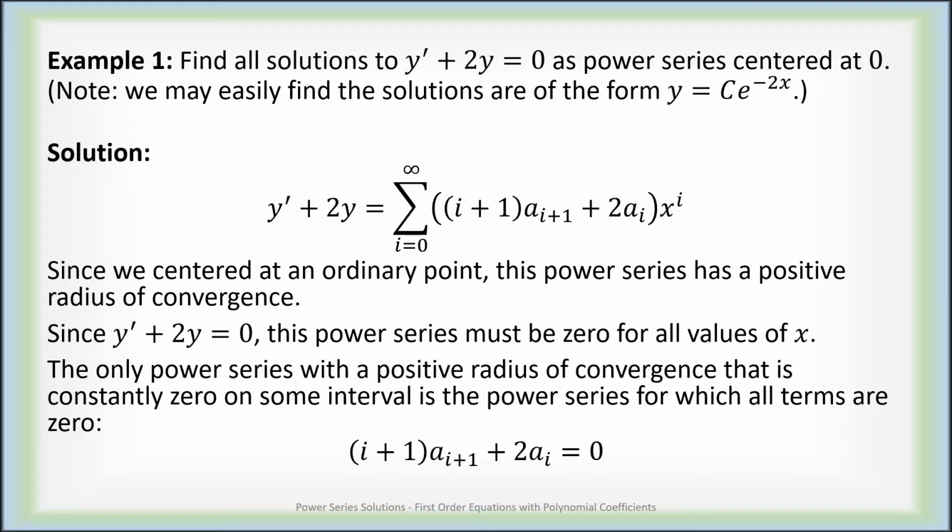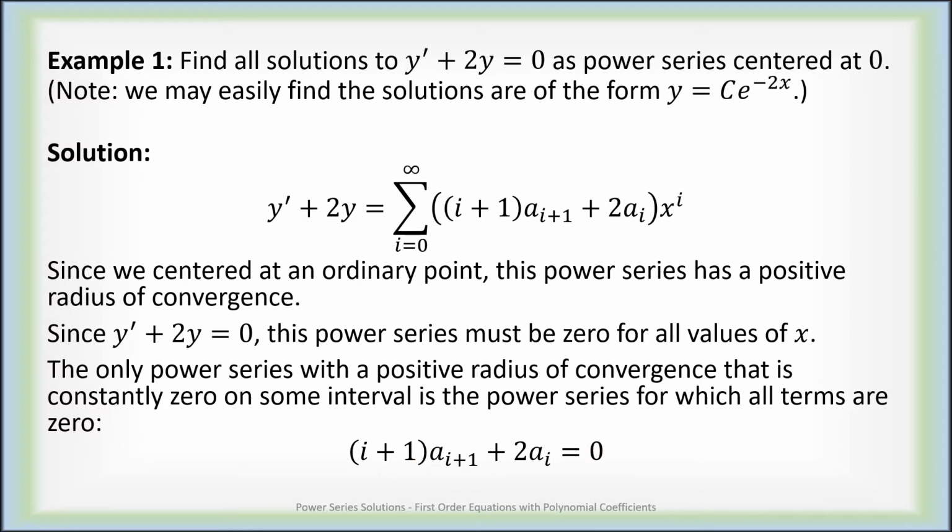So these coefficients, (i plus 1) a_{i+1} plus 2a_i, must all be equal to 0. Because we are at an ordinary point, the power series has a positive radius of convergence, so the only way that can happen is for every coefficient to be 0.